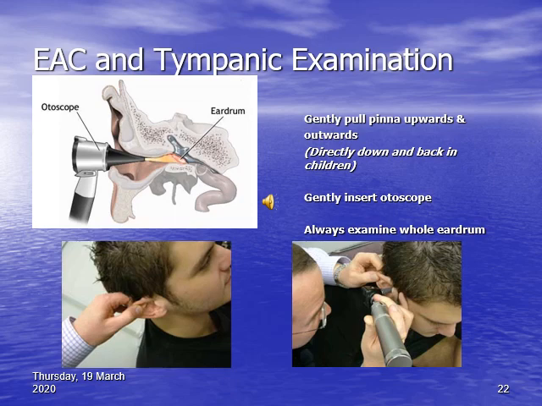This is in adults. In pediatrics, we have to gently pull the auricle backward and downward. These movements of the auricle aim to straighten the canal in order to insert the otoscope in a smooth way and perform the examination in an obvious way.